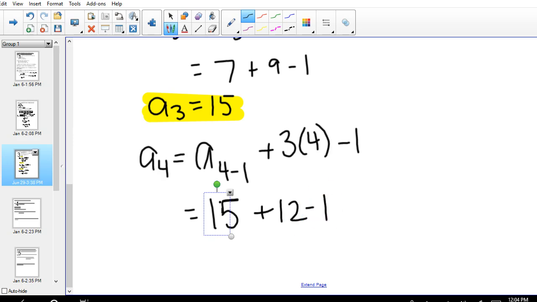So that's going to be 27 minus 1. So we get a sub 4 is 26. Okay, questions?